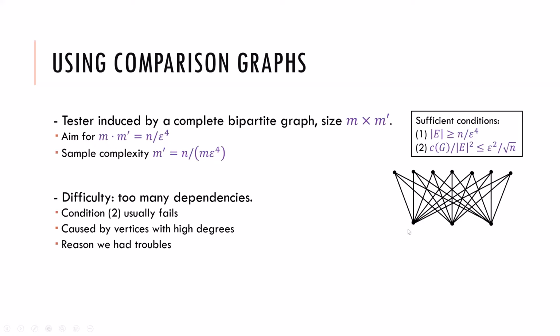So we have these vertices, samples with very, very high degree. We said that dependencies are quantified by the number of two-paths, and in a complete bipartite graph we had a lot of them. And we cannot even hope to apply our theorem.